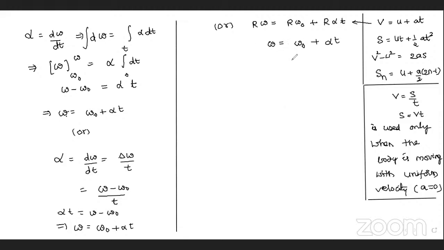Right. So omega is equal to omega naught plus alpha t.